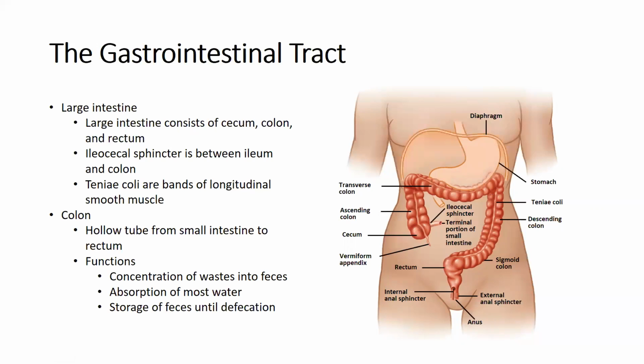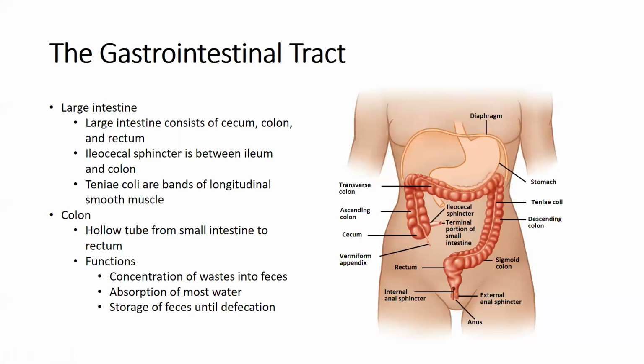Those gatherings are called haustra. These pockets, these outpouches, are called haustra. Think about putting a string into something and then squeezing that elastic so that it gathers on itself. That's what's happening in the colon. The teniae coli running down the length of the colon creates these outpockets, the haustra.